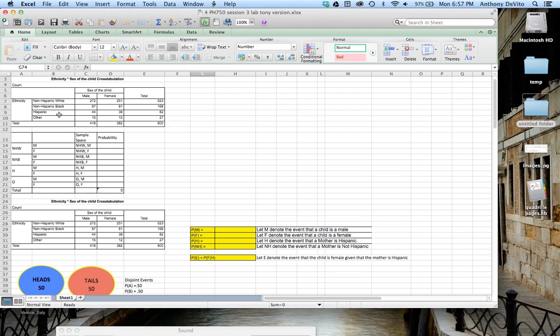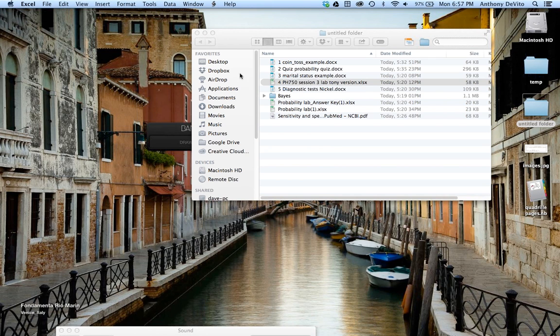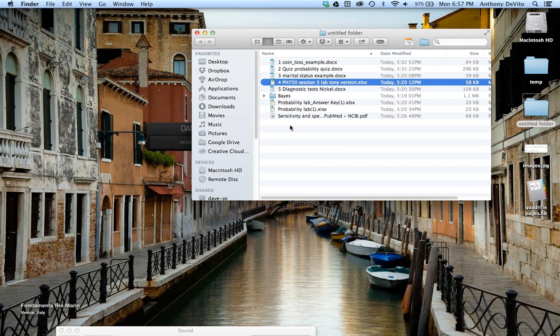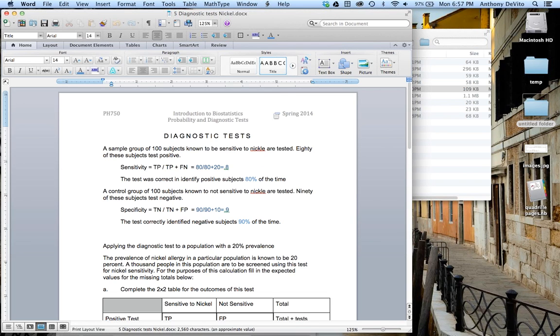He's taking a population like the example we just had and dissecting it, using mathematical notation for the probabilities, which is good to go through because you'll get a little more used to the correct notation. But I'm going to pass on that for now. Maybe we'll get together sometime this week or next week and go over it online between classes. So I'm going to go up to number 5, diagnostic tests.